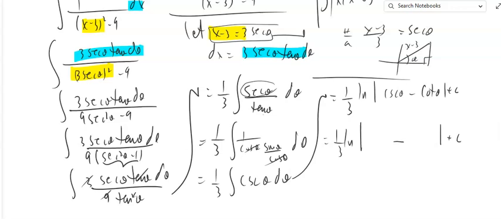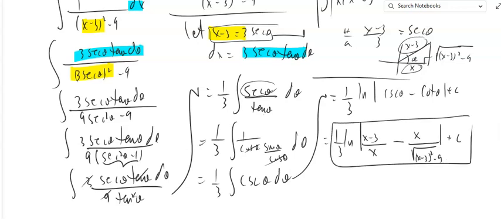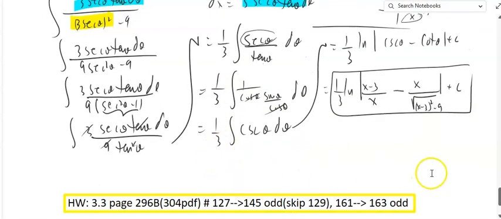That makes this the square root of x minus 3 squared minus 9. I want the cosecant, which is the hypotenuse over the opposite, and cotangent, which is the adjacent over the opposite. And whether you distribute that in and clear it up or not, that's irrelevant. And that's pretty much how this works. And there's our homework.